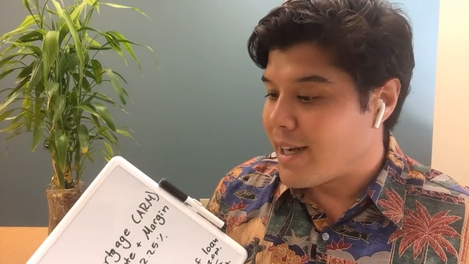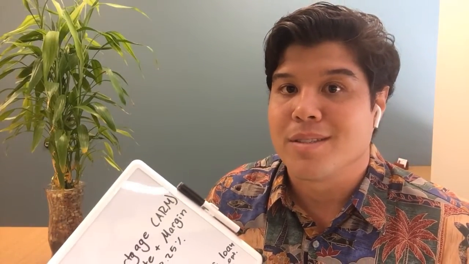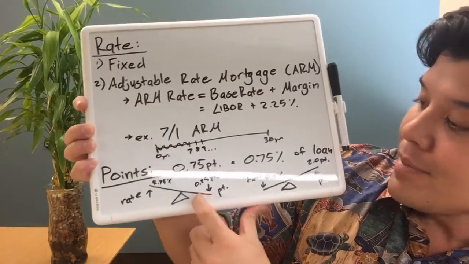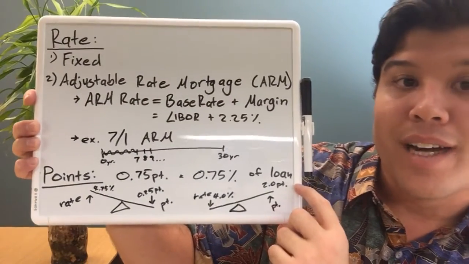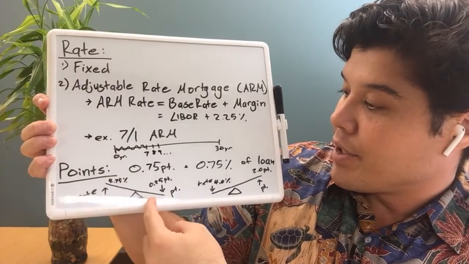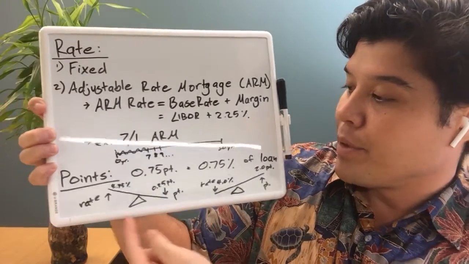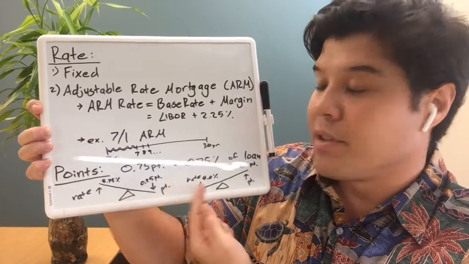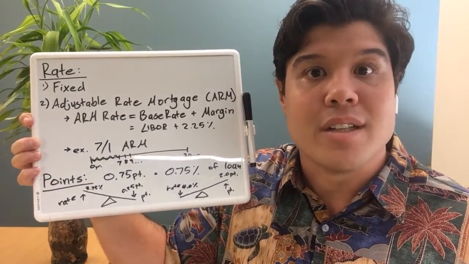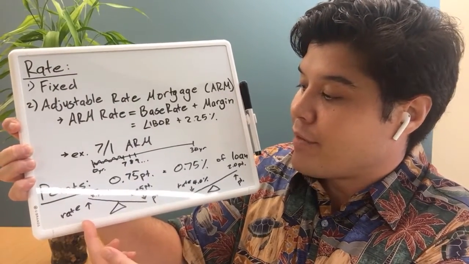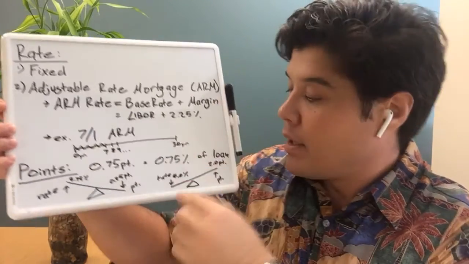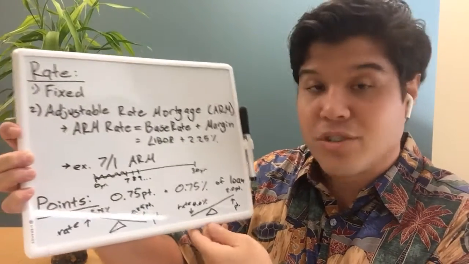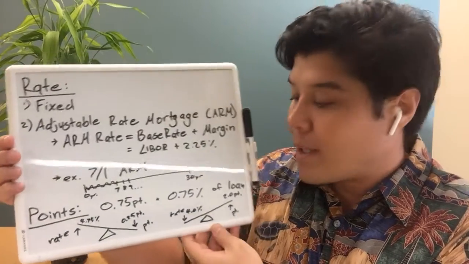So one of the ways that I try to evaluate the feasibility of points is that you might be paying, in this case, 1.75 points more here, but you're now getting a 4% rate instead of 4.75%. That might be a difference in your monthly payment of, let's just say, $100. A 4.75 rate gives you this payment. A 4% rate gives you a $100 less payment. So that's kind of nice, $100 less a month to be paying out of pocket.